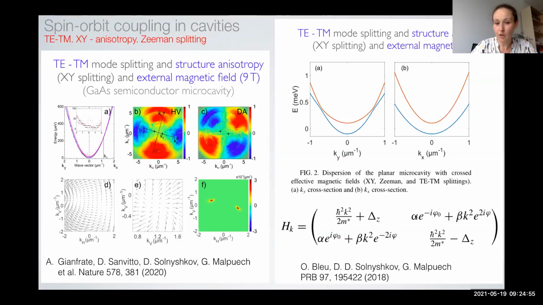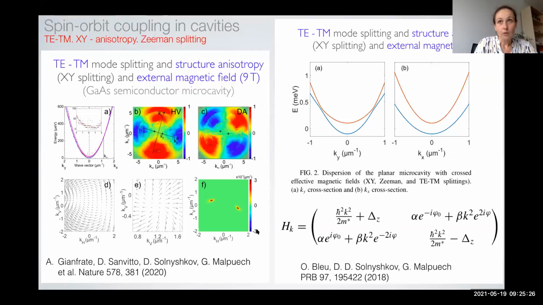Then we have additional components: alpha describes the birefringence of the material, and beta describes the TE-TM splitting of the modes. This evolves the whole picture into very non-trivial photonic bands and photonic band engineering that demonstrate the non-zero Berry curvature, which is very important and quantifies the properties of a topological material.